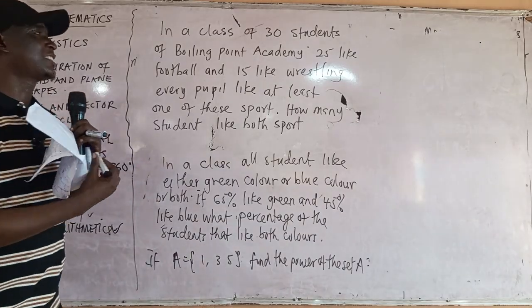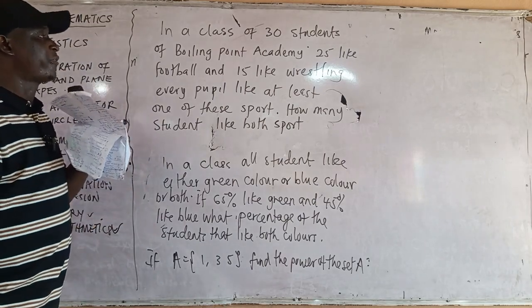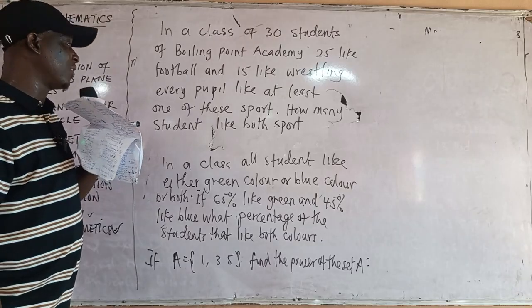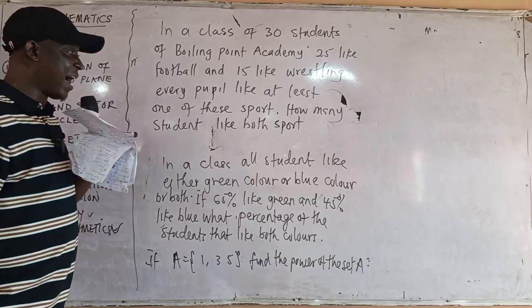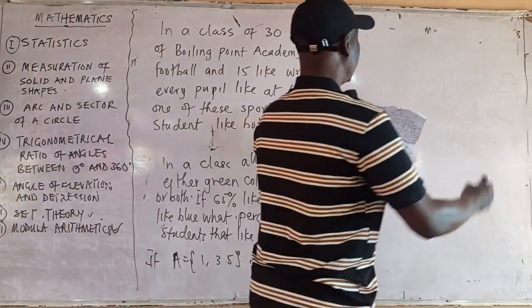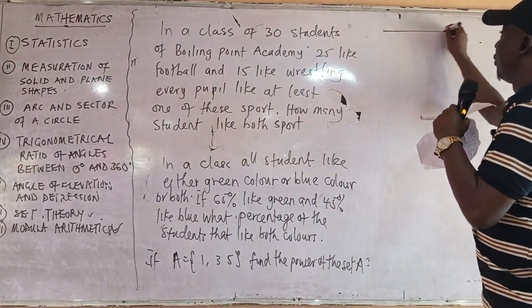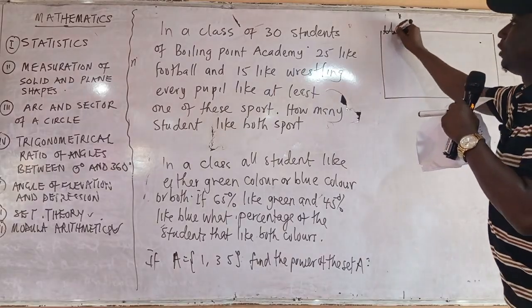So they said in a class of 30 students of Boiling Point Academy, 25 like football and 15 like wrestling. Every pupil likes at least one of these sports. How many students like both? So that means we draw our rectangle to represent the universal set.